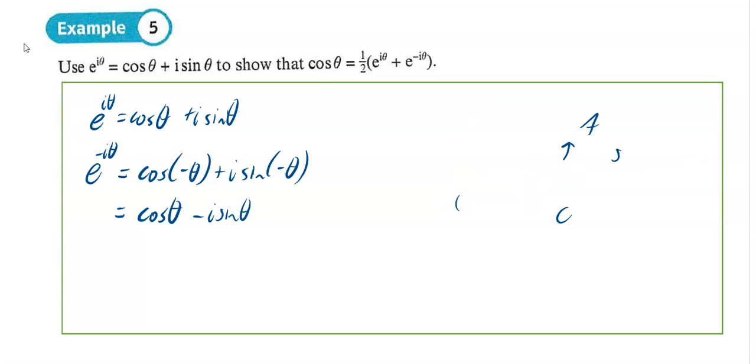Okay, so here, that's what you've got for your e to the i theta and also your e to the minus i theta. Now if we just add those two things, e to the i theta plus e to the minus i theta, what you will get is 2 cos theta.